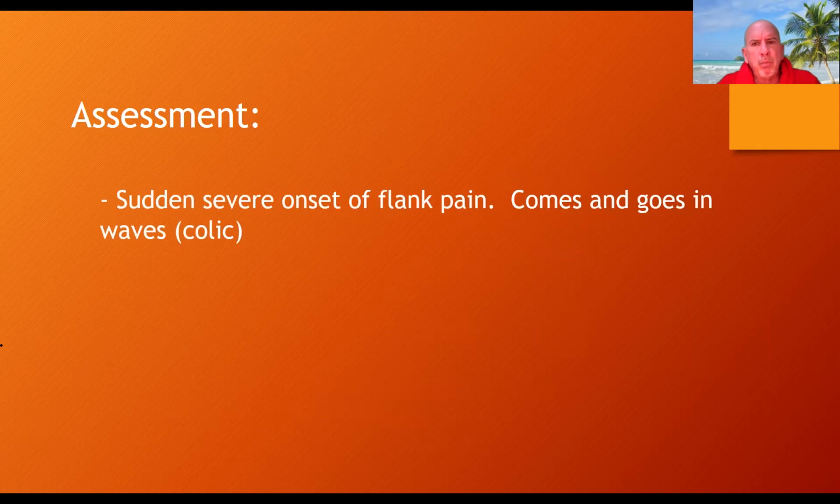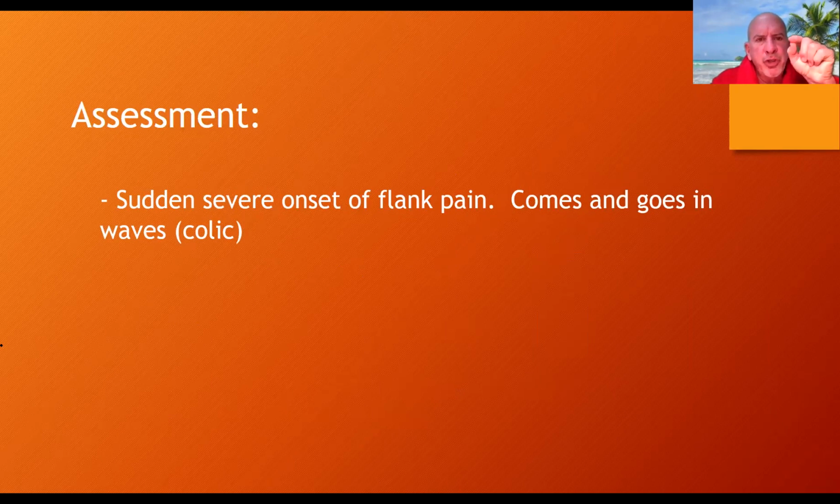So I'm going to cover both the upper and lower genitourinary here because stones can form in the bladder. They have to be much bigger though. Your ureters are tiny. They're very, very tiny tubes that go from the kidneys to the bladder.